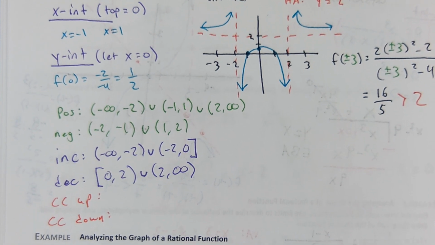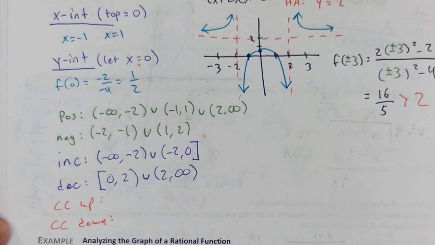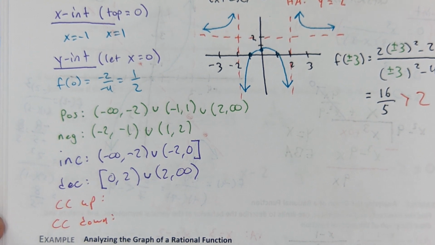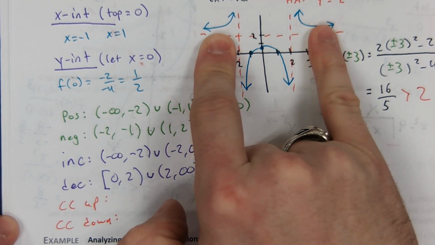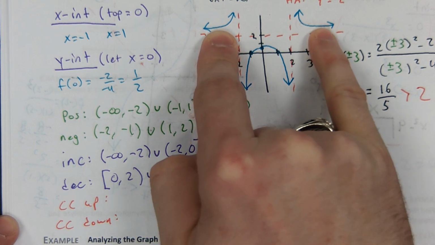So you're looking at my rebar up here and asking yourself, where is it concave up? Where does it bend up away from the horizontal? Both of these bend up away from the horizontal.